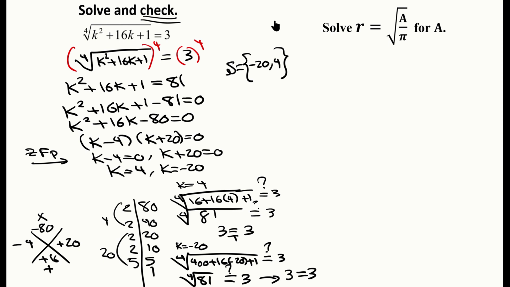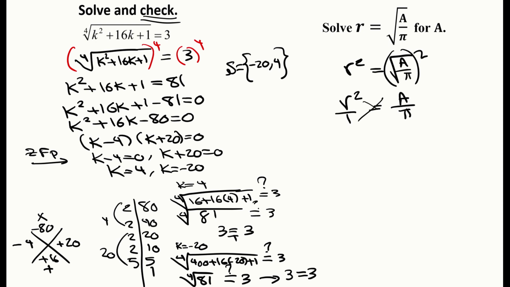So we're going to go ahead and square both sides. So now we have r squared equals the square root of A over pi, squared, which is of course just going to be A over pi. And on this side we have r squared. The fastest way to solve an equation like this for one of the letters is to realize I can throw a 1 down here, and then I can go ahead and cross multiply like that.